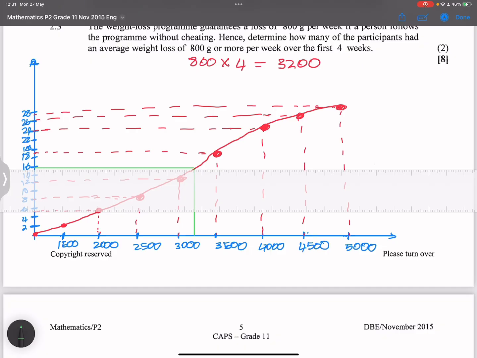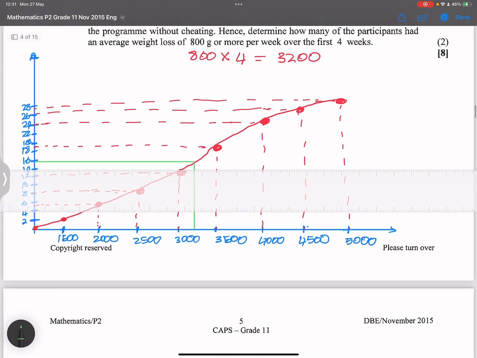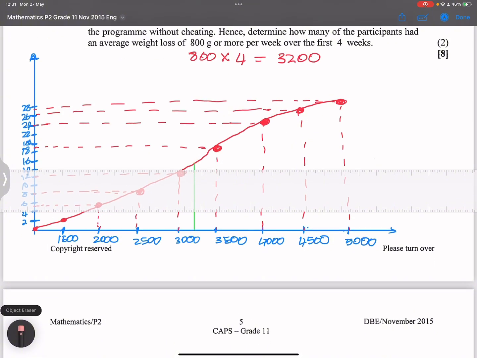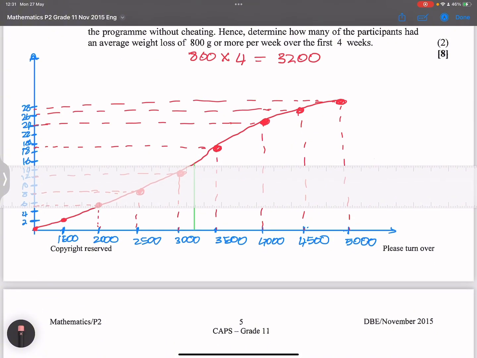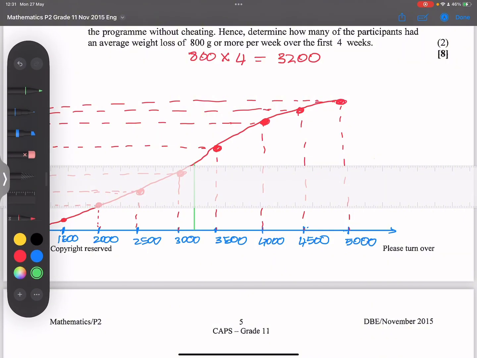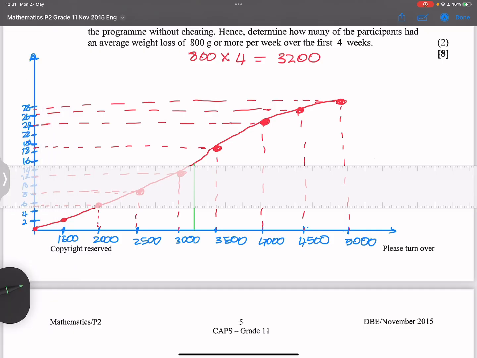Oops, it's made it at 16, but you can see, ladies and gents, it's actually just below that value there. So I would say at 15. I keep making this error. So it would be at 15.